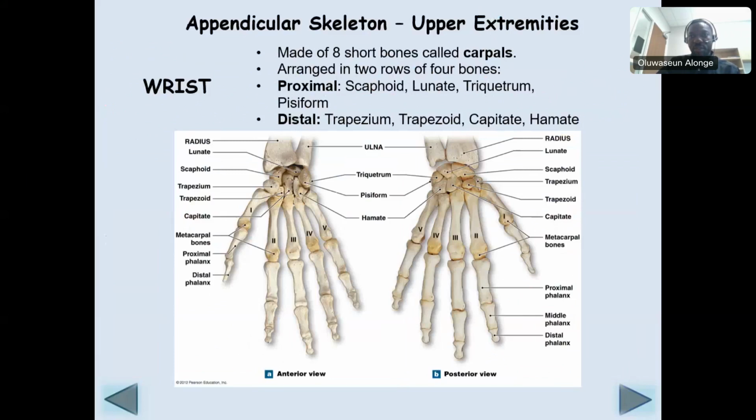Now, the wrist. On the wrist, the first thing you see is the carpal bones, which I told you there are 8 of them. So there are 8 carpal bones.